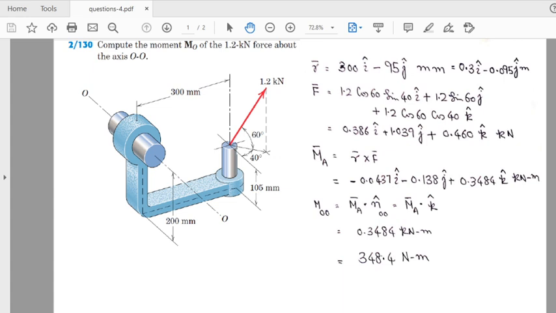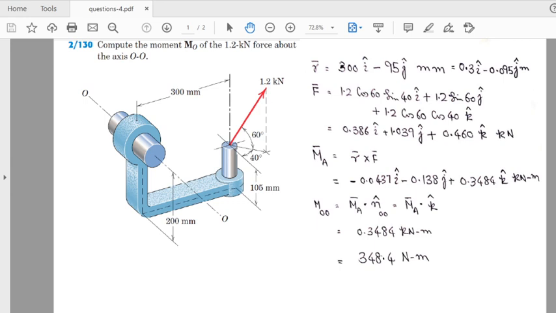Now we have solved one problem, problem 2 by 121, which was on 3D moments. In that we had a couple, and we were to find the moment produced by the couple. Now in this problem 2 by 130, we have to compute the moment MO of the 1.2 kilonewton force about axis OO. We have to find moment about a line.